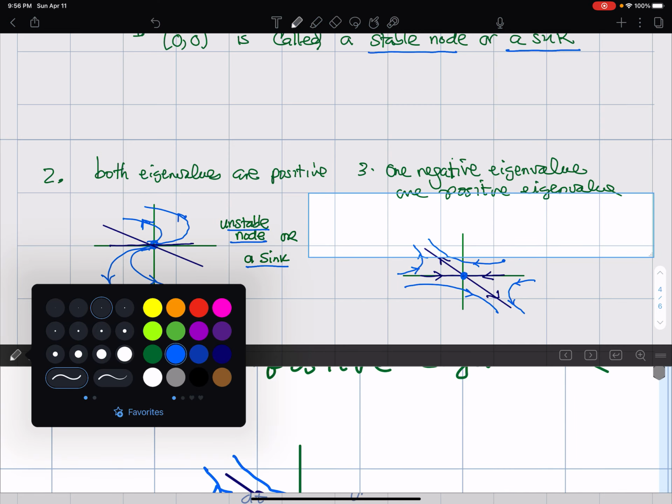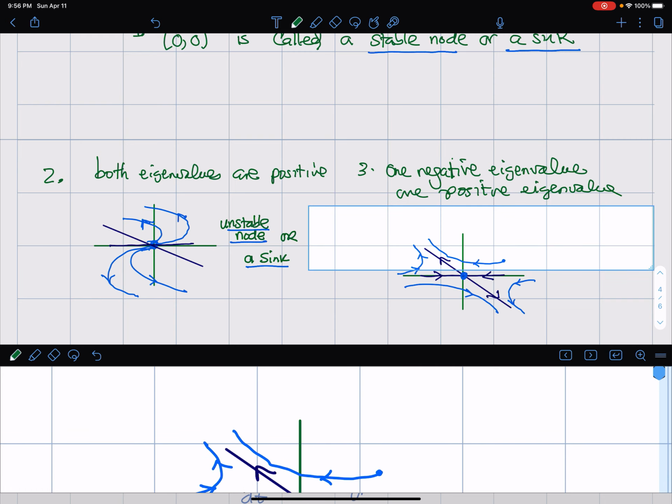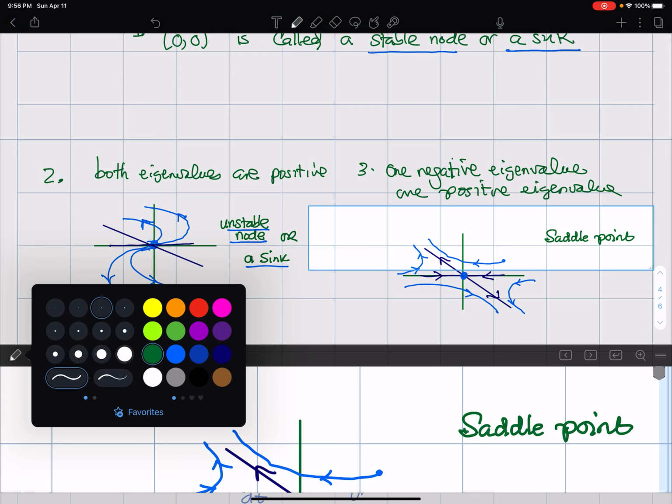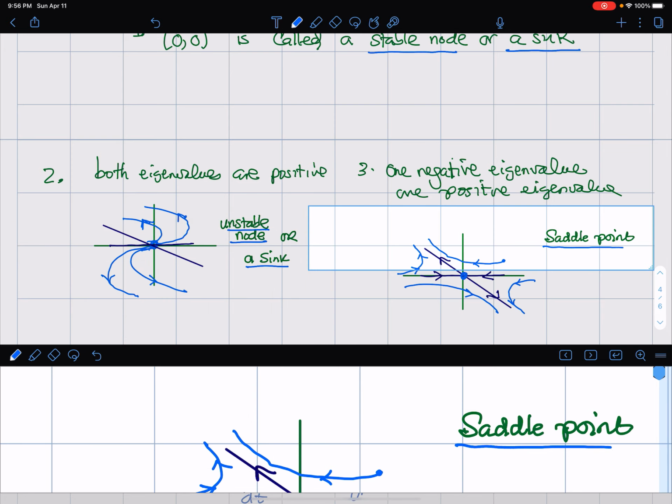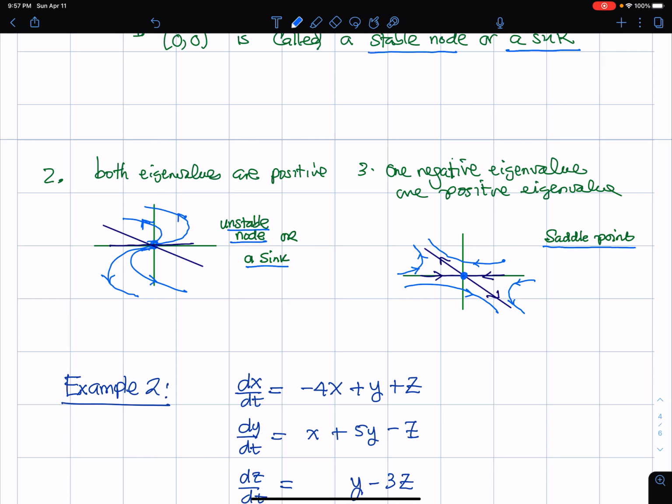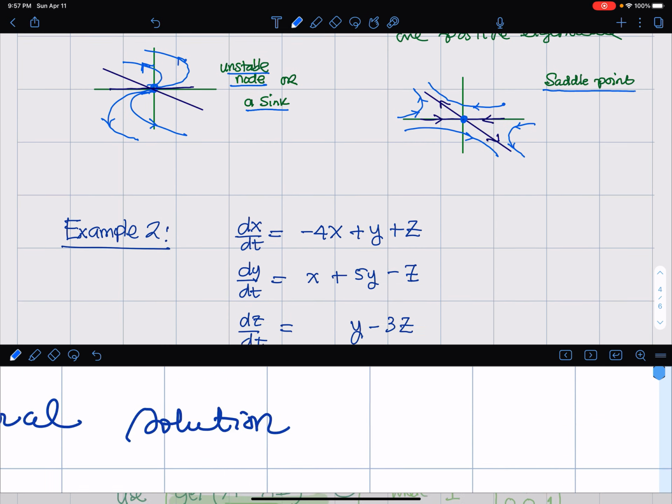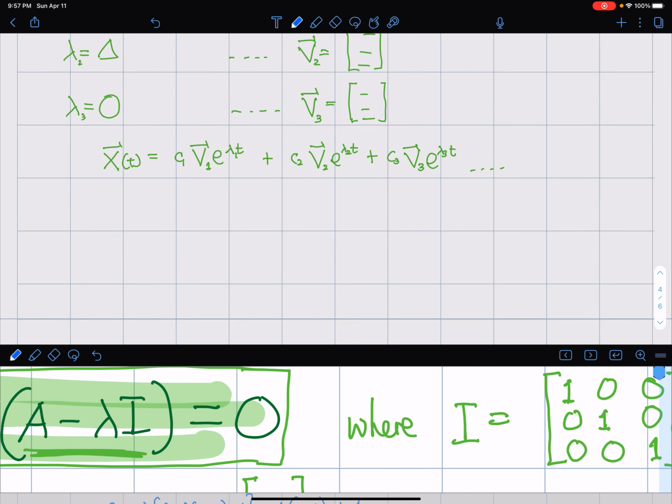And I talked about when we have two eigenvalues, one negative, one positive, we get what we call a saddle node or saddle point, actually. Again, you can go to the previous video and refresh your memory on how we got those.